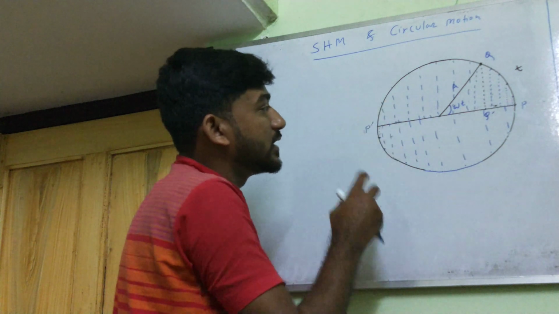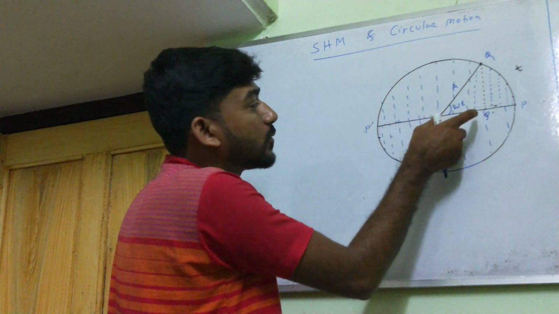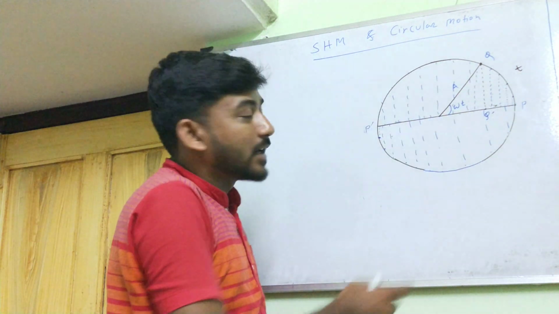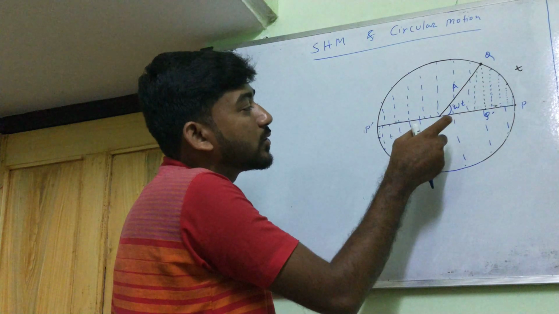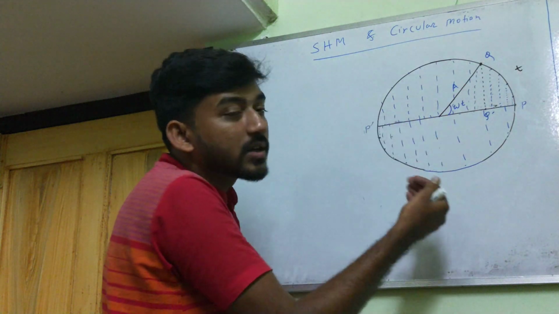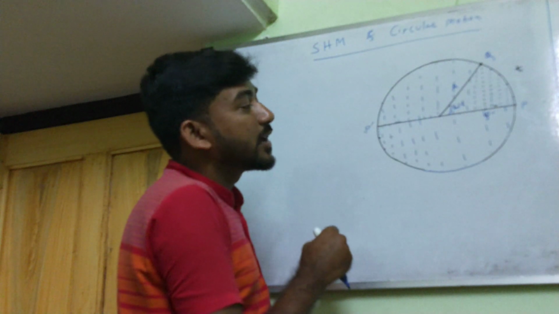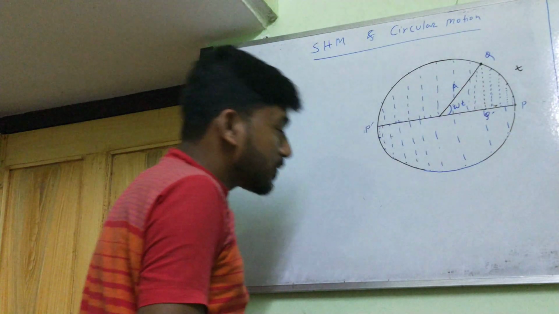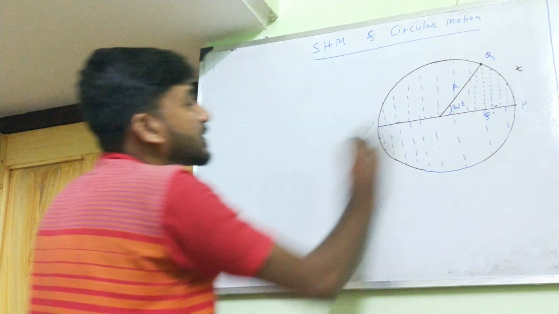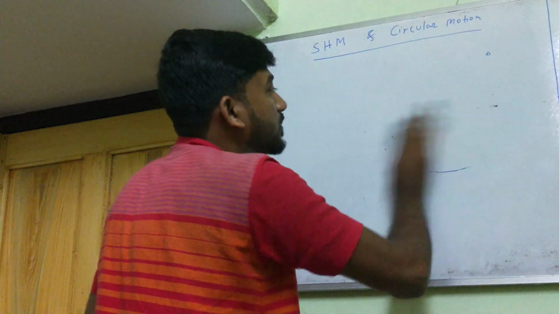Now we will see what is the position of this projection, and that position will be the position of the SHM, because this particle is actually executing SHM. So now let me derive the kinematics of this particle.